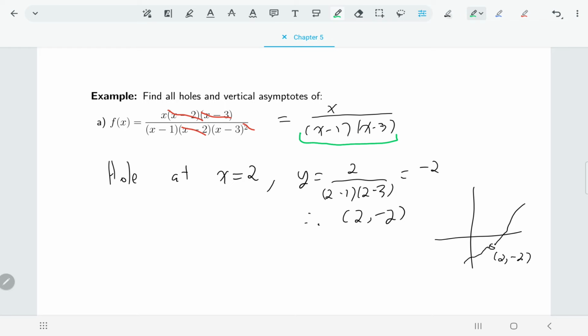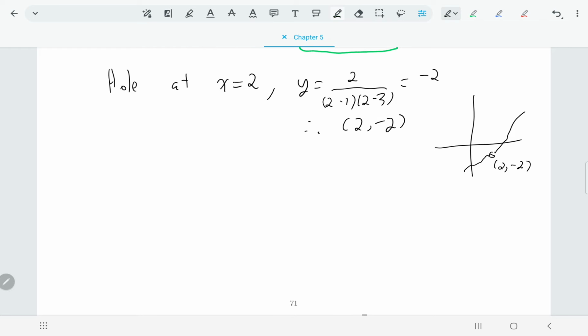Same thing with x being equal to 1. That will also be a vertical asymptote. So we'll just say that we've got a vertical asymptote at x equals 1 is one of the lines, and x equals 3 is the other one of the lines.